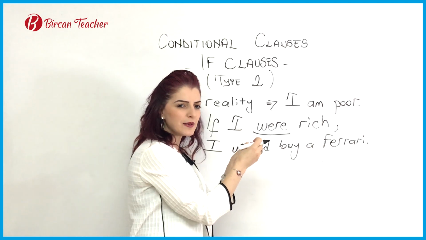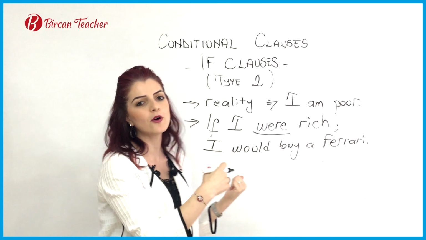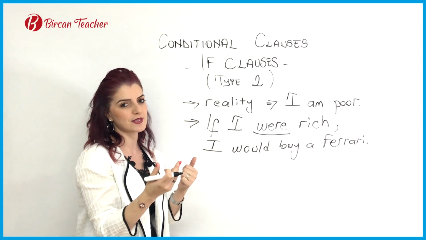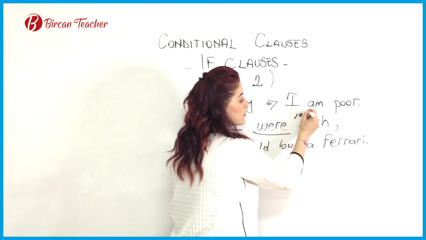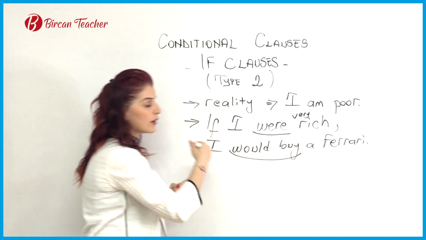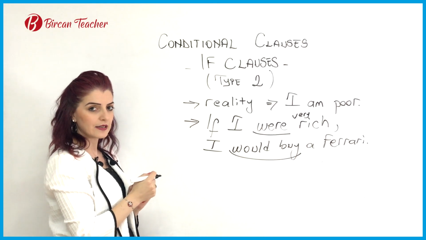Maybe you have money, but you can just survive. You can go to work, you can come home, you can go to the supermarket, but that's it. So you are a normal person. But if I were rich, if I were very rich, what do you imagine? I would buy a Ferrari.